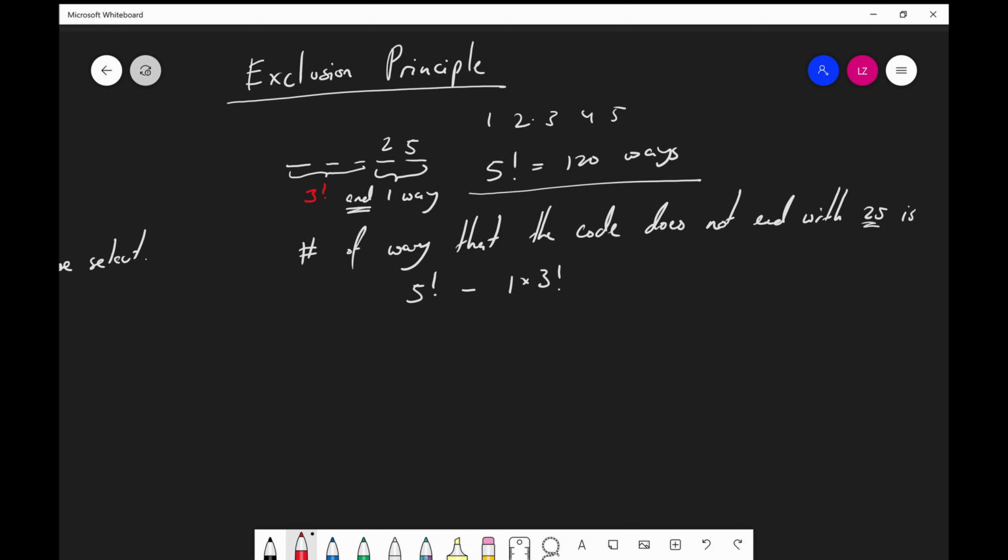And I'll just label this total and the number of ways that we want to exclude. And that should be 120 minus 6 equals 114 ways.